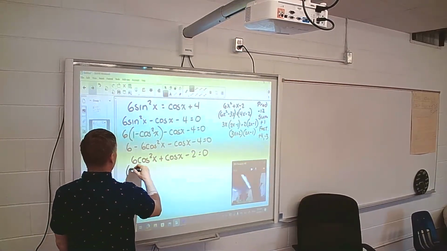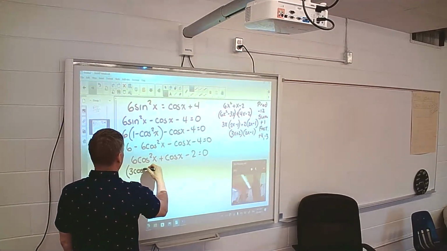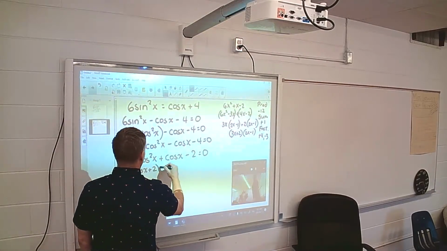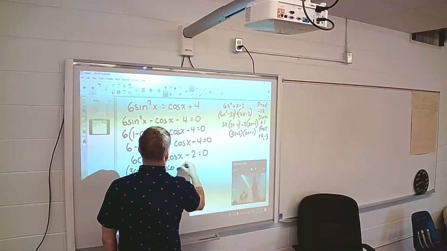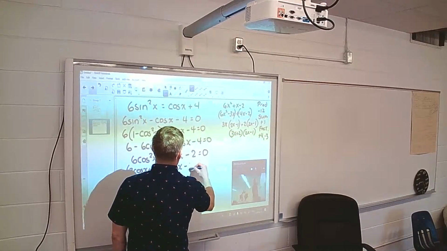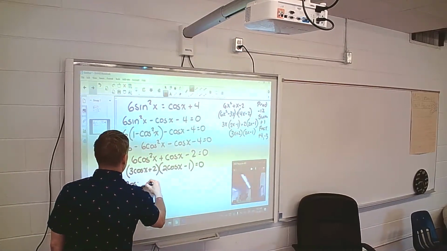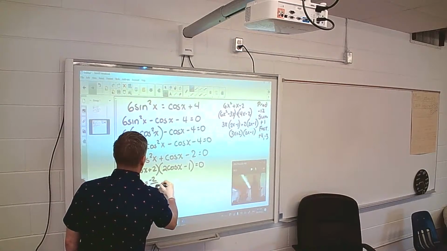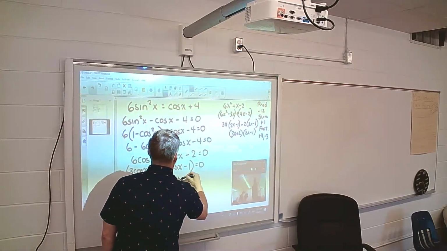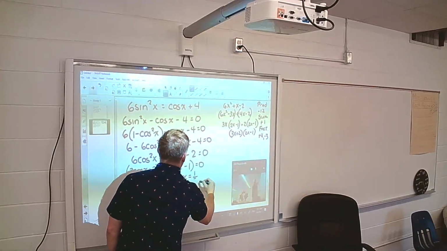This factored out is 3 cos x add 2 times 2 cos x minus 1 equals 0. Therefore, cos x is equal to negative 2 over 3. Cos x is equal to 1/2.